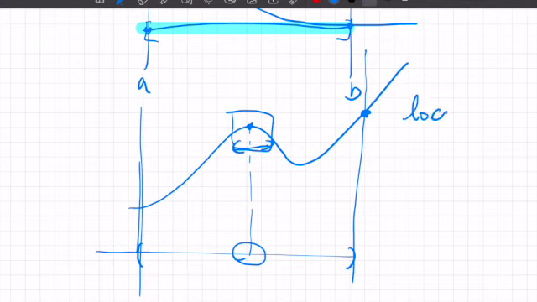This interval can be open or closed or semi-open. And we say first that f of a is a local maximum value of the function f of x. This means the following.